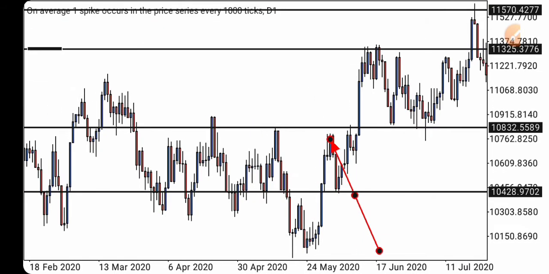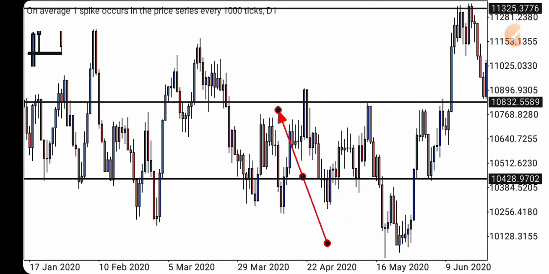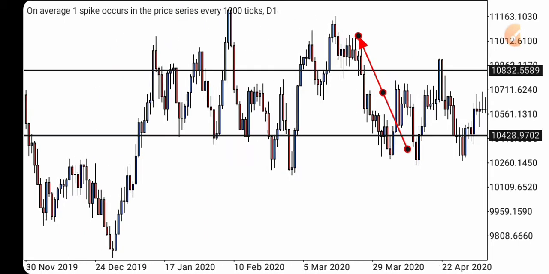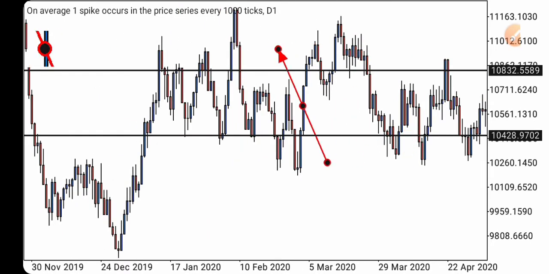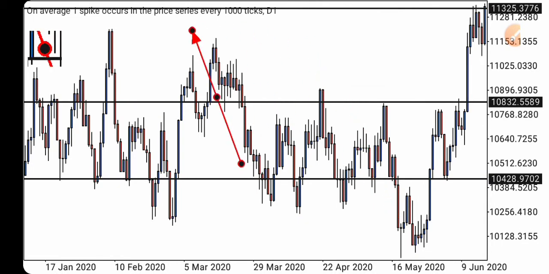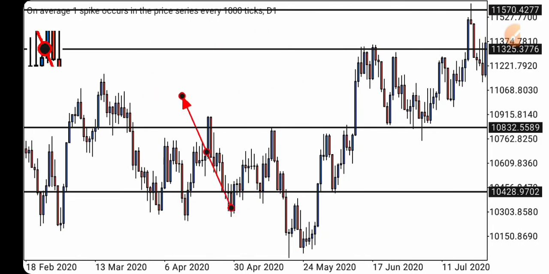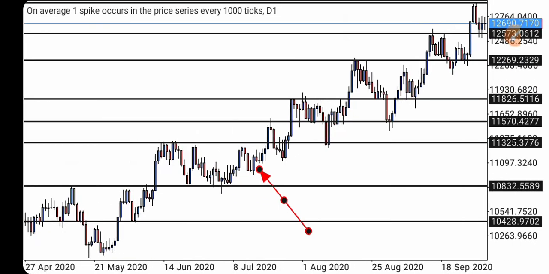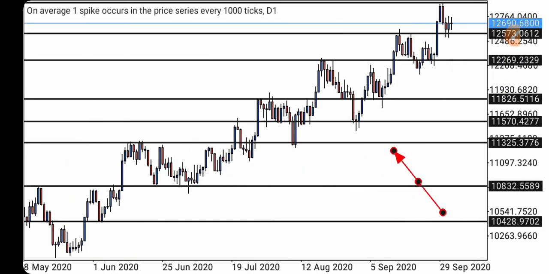Why? Because you might map minor zones. Minor zones are the ones you will easily identify on the 1 hour, 30 minutes, or 15 minutes time frame. Those are minor levels, which are not advisable to trade on. You can only take profits when the market gets to such a minor level.